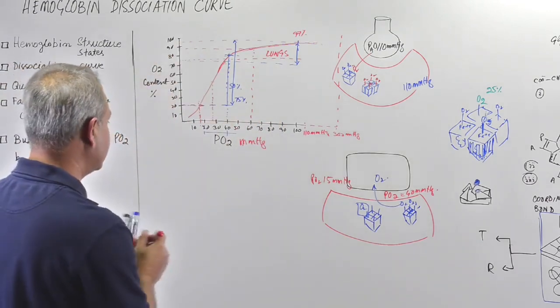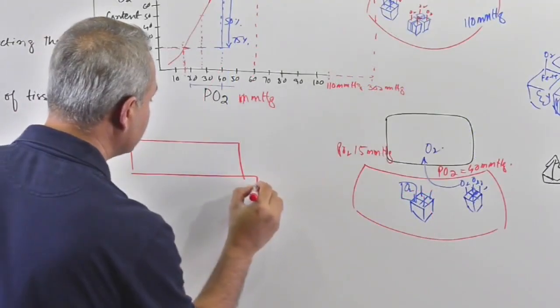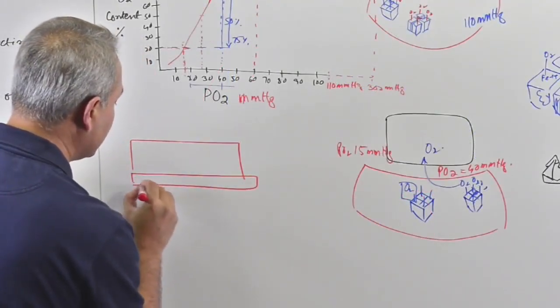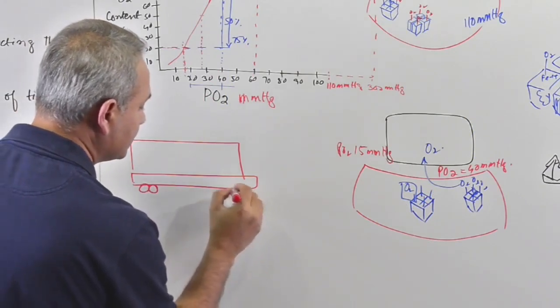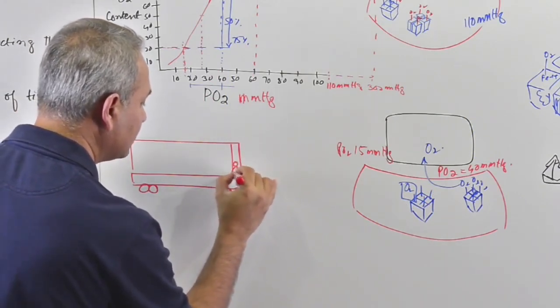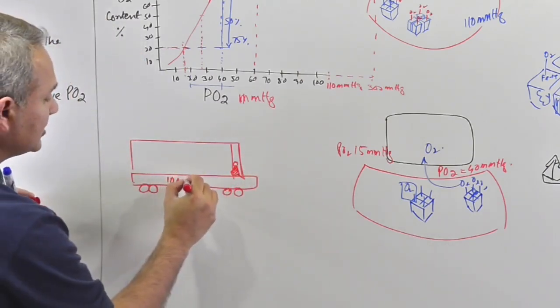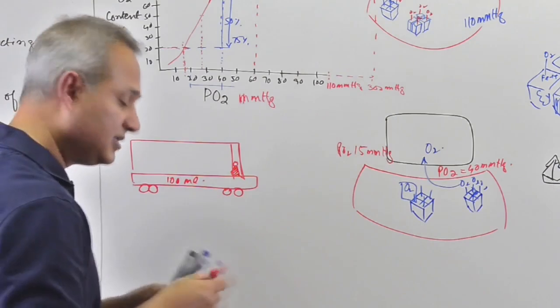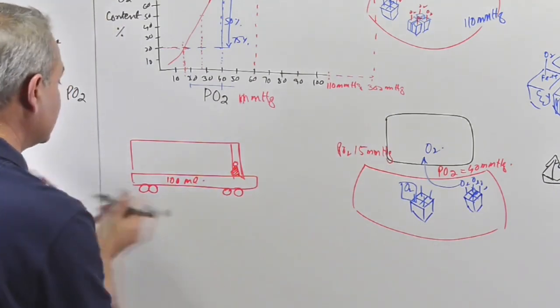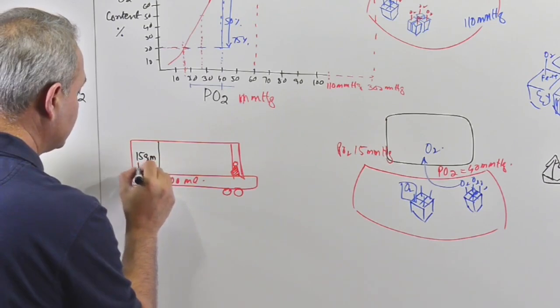What happens is that imagine 100 milliliter of blood as a bus. This is 100 milliliter of blood. Here is a tiny bus driver sitting and driving it. This is 100 milliliter of blood passing through our body. 100 ml of blood contains 15 gram of hemoglobin.